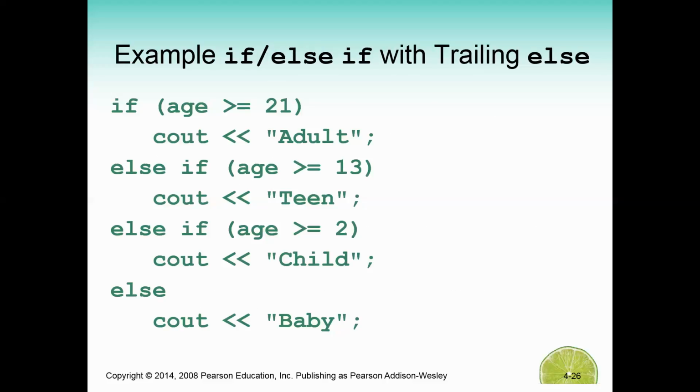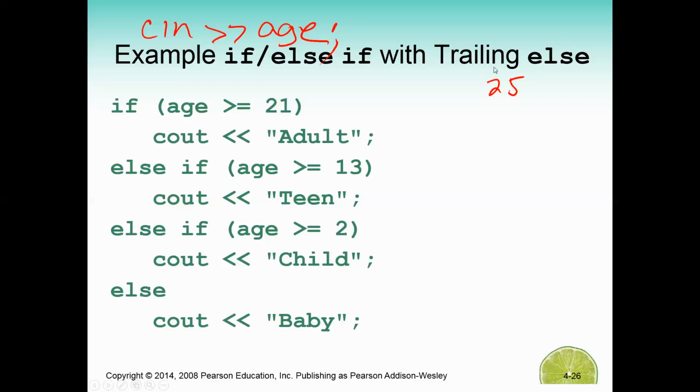Here's an example. They're checking for age. So the age was going to be inputted by the user. So we have age here. We have a value. Let's suppose that the value is going to be 25 this time.